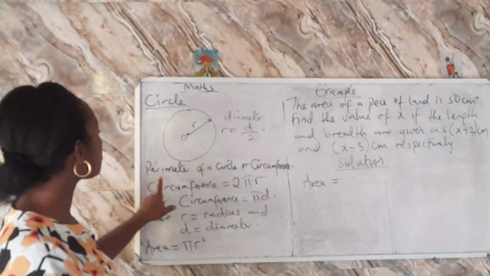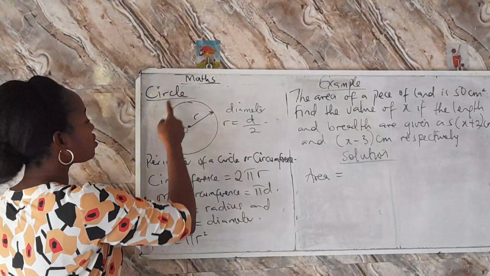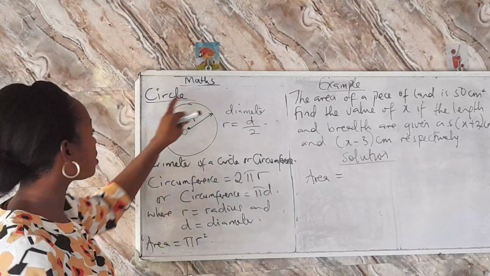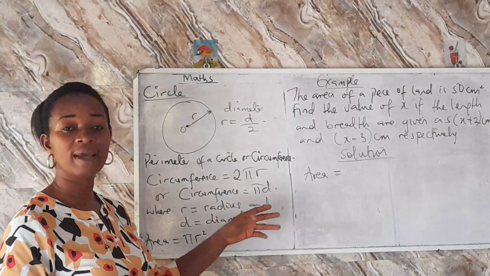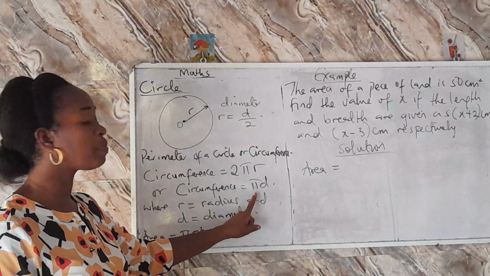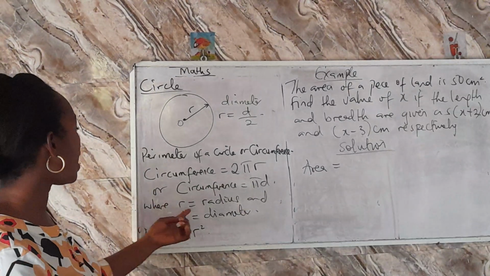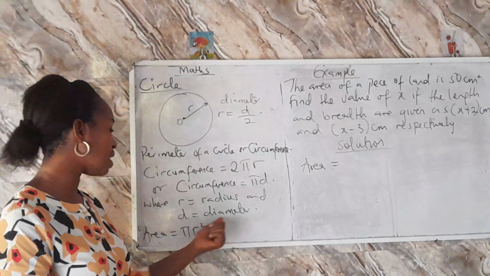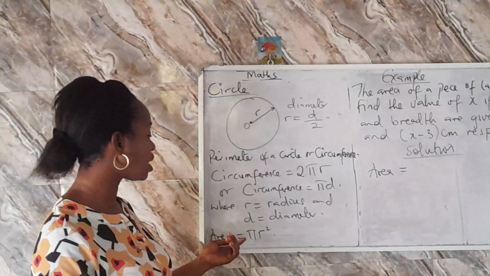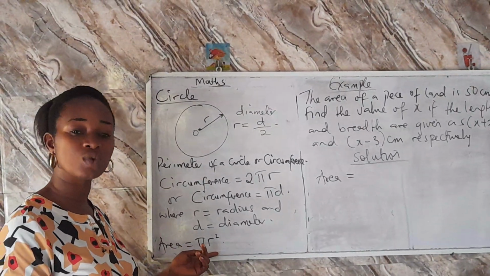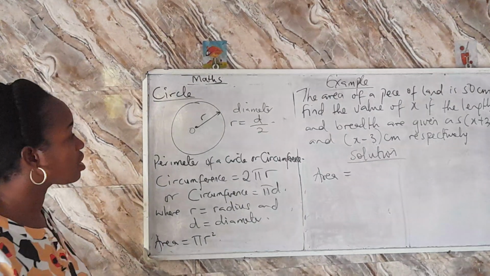The perimeter of a circle is the same thing as the circumference of the circle, the edge here. The circumference is 2 pi r, or you can use pi d, whichever one you like, where r is the radius and d is the diameter. The area of the circle is calculated using pi r squared.